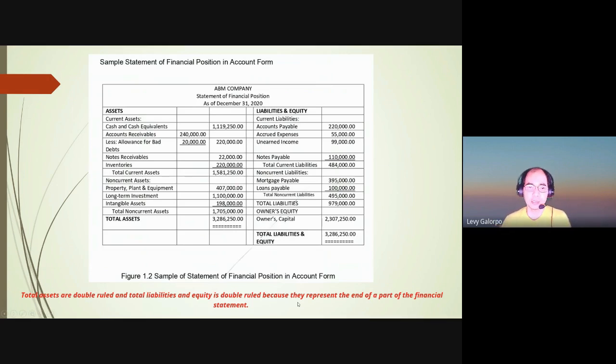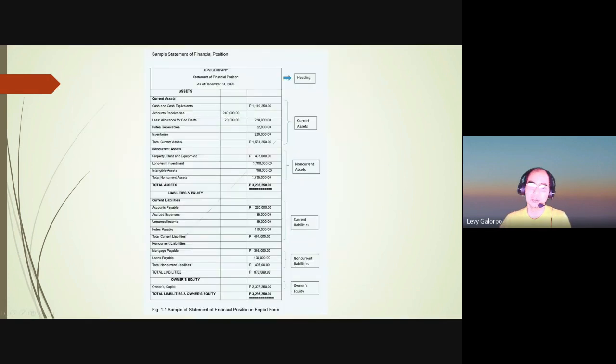Total assets are double ruled and total liabilities and equity is double ruled because they represent the end of a part of the financial statement. Kasi nire-represent nila ay yung totals, kaya dina-double rule natin. Ganun din naman dito sa report form.